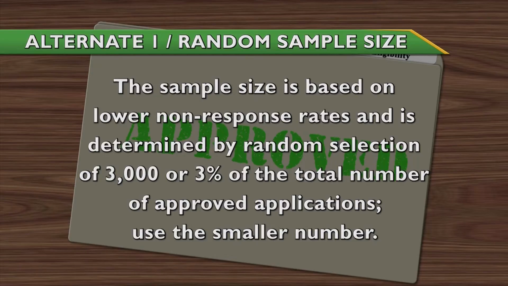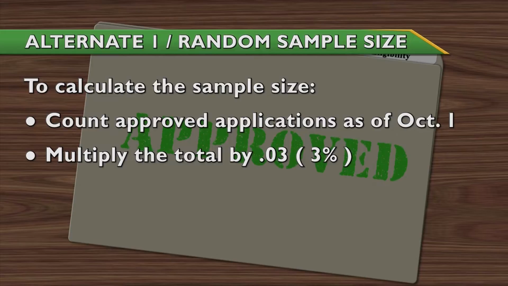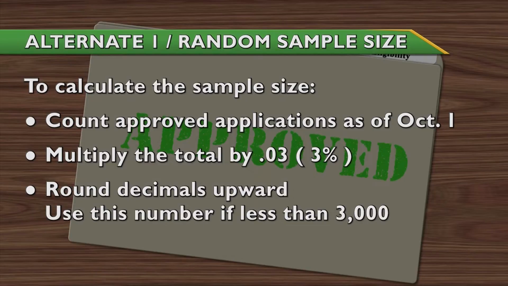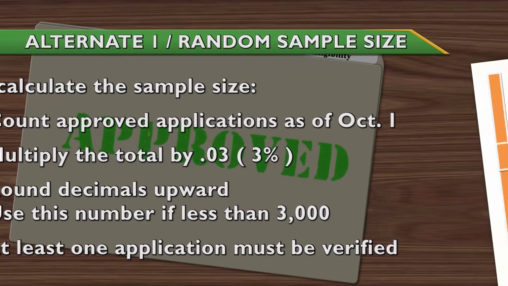Use the smaller number to calculate the sample size using the following procedure. Count the total number of approved applications on file as of October 1st. Multiply the total by 0.03. Round decimals upward and use this number if it is less than 3,000. At least one of the selected applications must be verified.